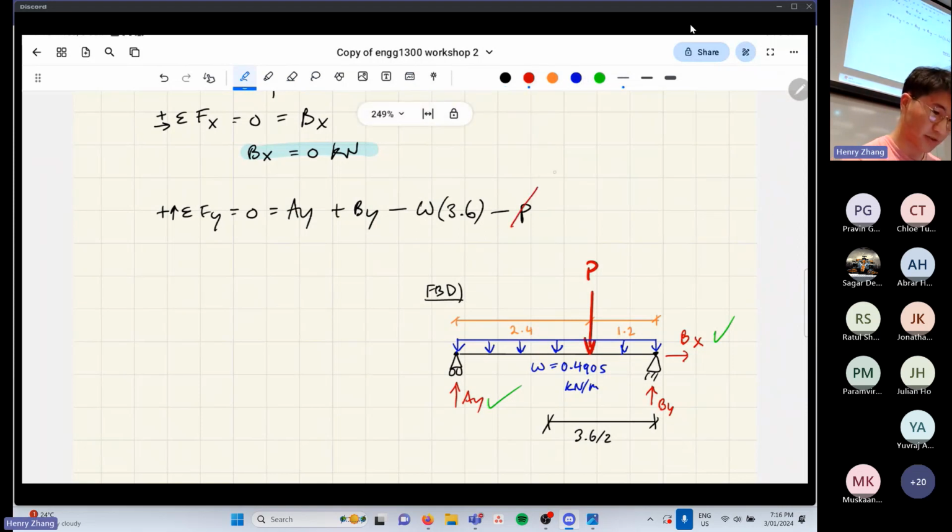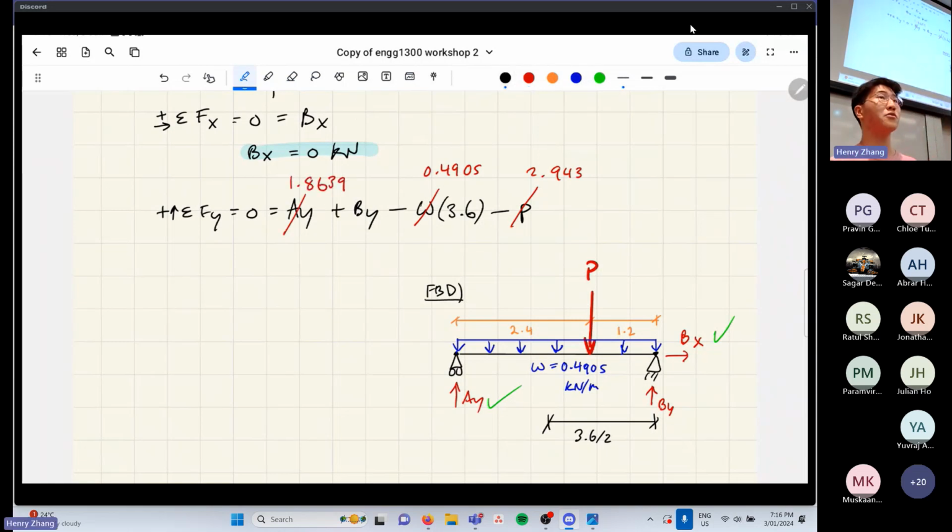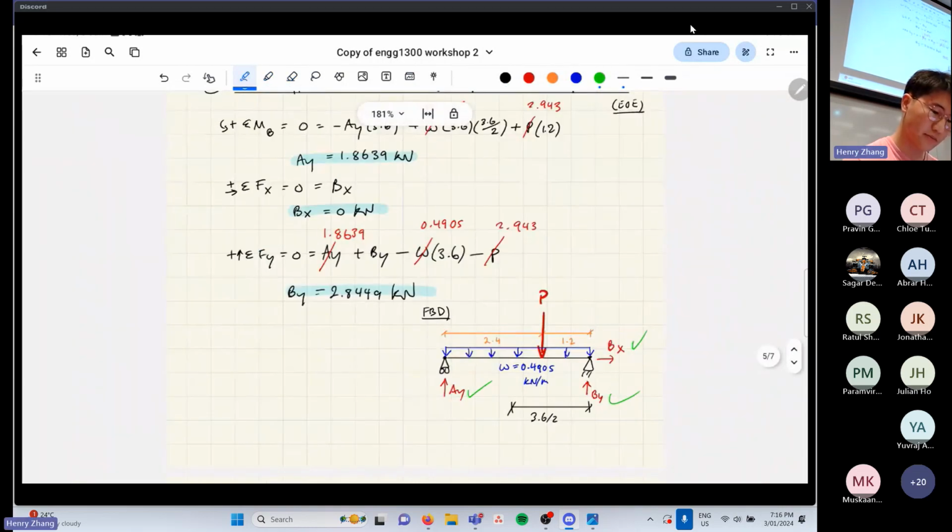So we're going to substitute this with the numbers that we know. And now we just have BY, which is unknown, which we're going to solve for. That gives us BY. There we go. We've got everything.